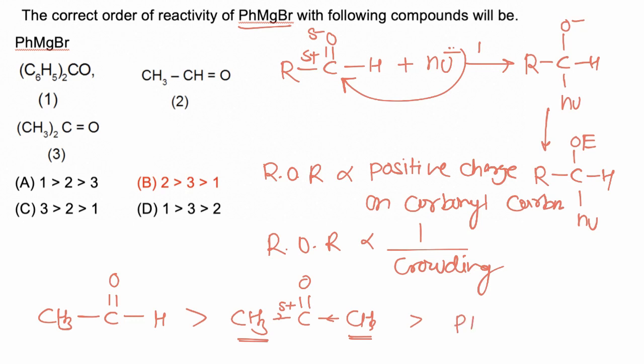But in the case of benzophenone, the positive charge present on the carbonyl carbon is stabilized by resonance of the benzene ring. So acetaldehyde will be most reactive, then acetone, and benzophenone will be least reactive, and hence the correct sequence is 2, 3 and 1, and hence option B is correct.